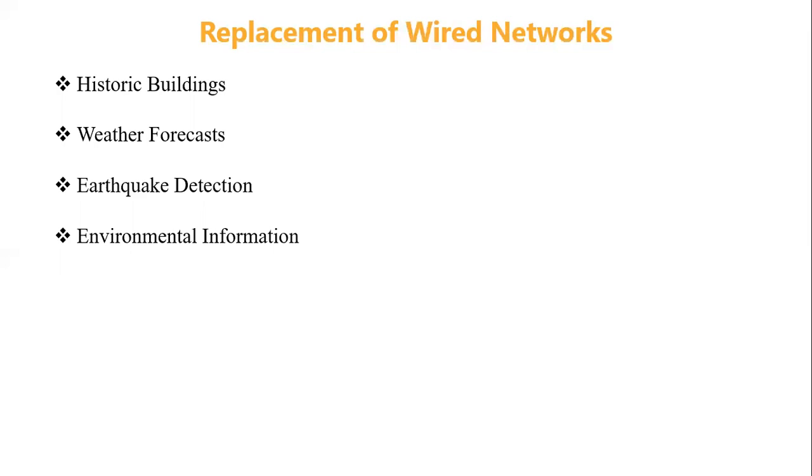So this is how mobile communication can be used to replace the fixed wired networks. In most of these cases, for example, weather forecast, earthquake detection, and environmental information, satellite communication might be the proper mode of communication.